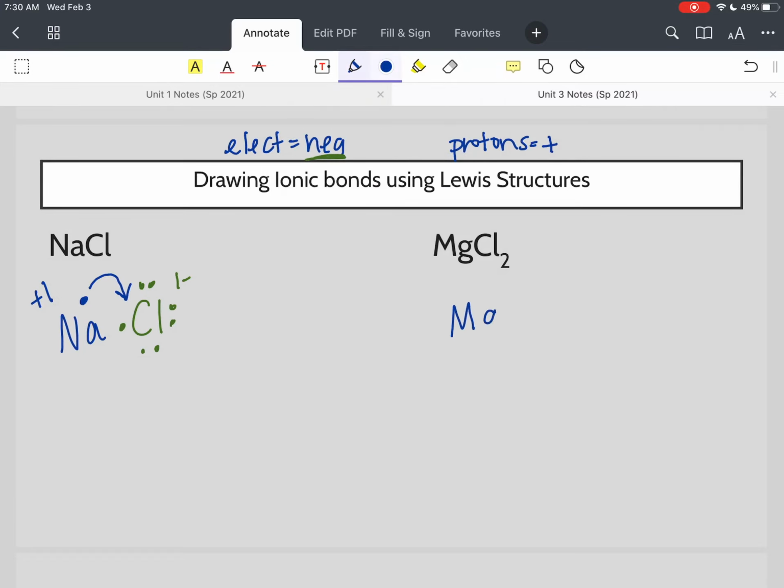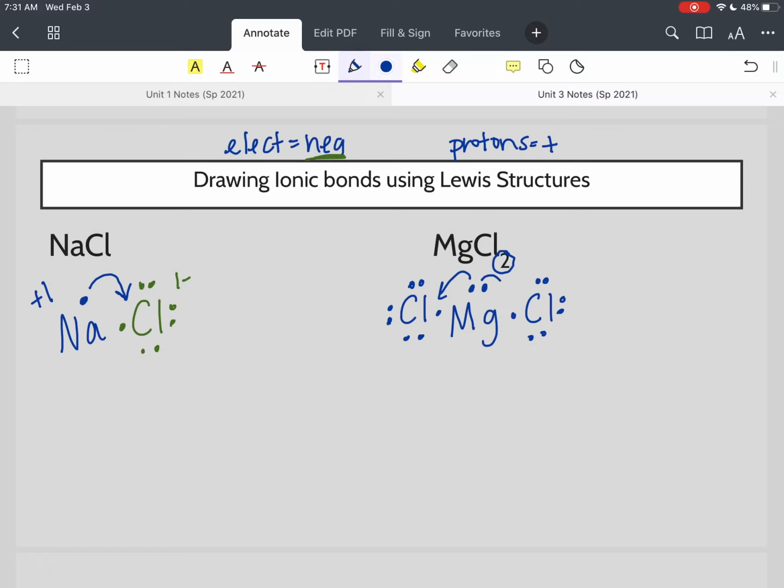Okay, let's look at magnesium chloride. So I have my 2 valence electrons for magnesium, and then chlorine has 7, right? But I have 2 chlorines. That's what this 2 means. It means I have 2 of them. So I'm just going to write them next to the magnesium, okay? And so each of these chlorines needs 1 electron.